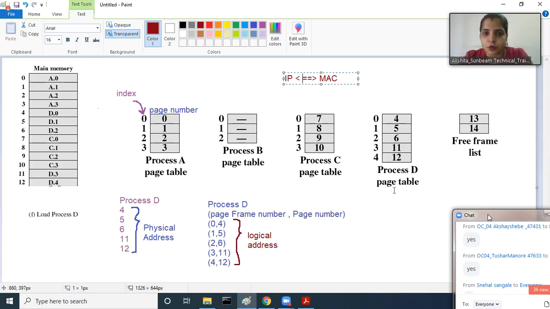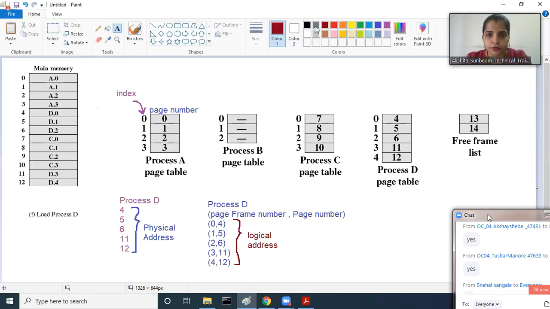If I ask you over here, I am considering my physical address, which is nothing but 4. So where will it point? This 4 is pointing to nothing but this memory location only, right? But if I ask you, go to process D, go to process D page 0 and tell me the exact memory location, how will it go?